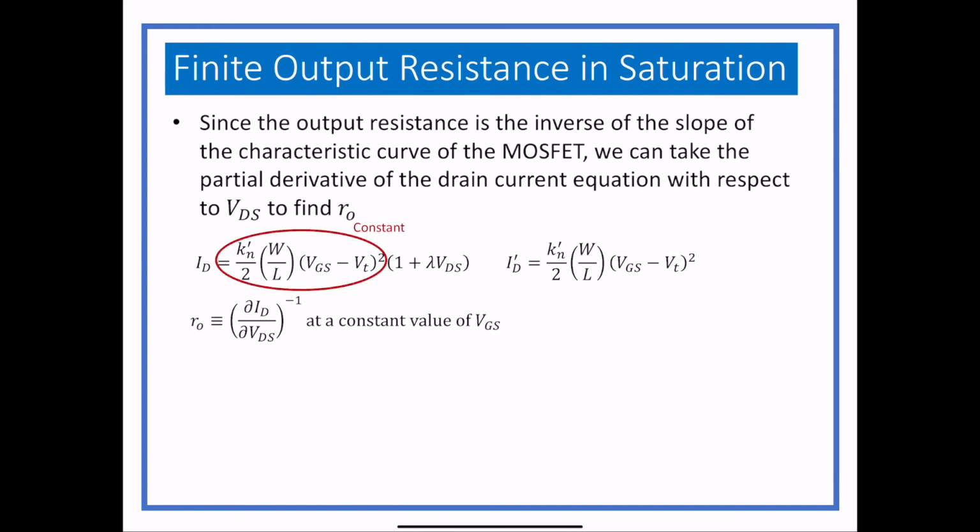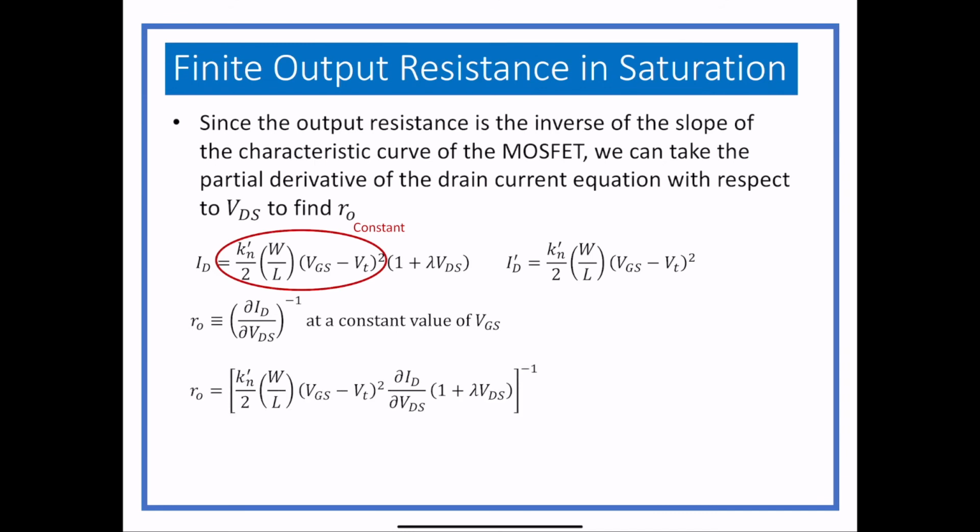So what this means is all that stuff in front of 1 plus lambda VDS, that's all one big constant, because we're assuming VGS is constant. We know the process transconductance parameter is constant, the width, the length are constant, the threshold voltage is constant.